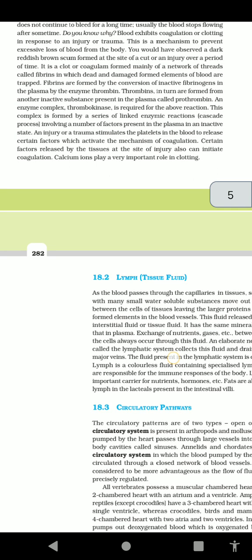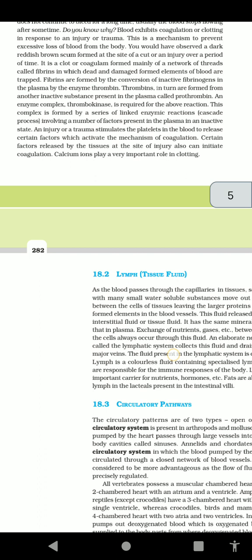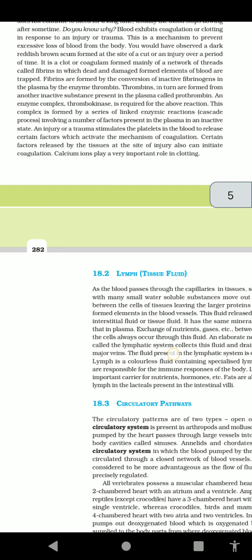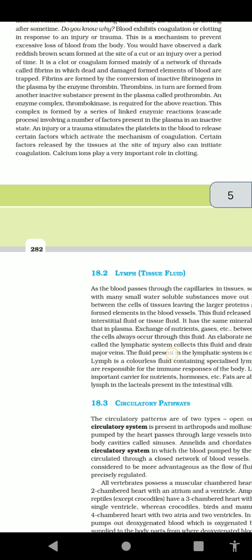This is the mechanism to prevent excessive loss of blood from the body. You would have observed a dark reddish brown scum at the site of the cut or injury, called a clot, in which dead and damaged formed elements of the blood are trapped.